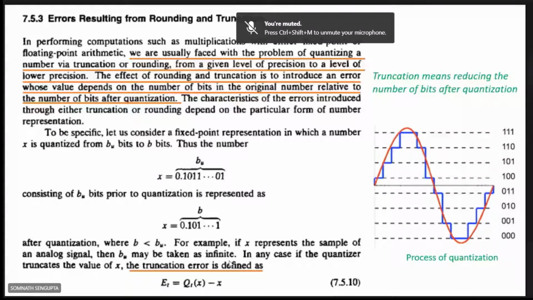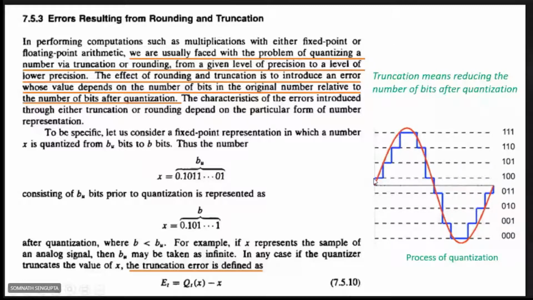Now, suppose you quantize it to say 3 bits. So you have divided the whole range into certain levels, depending on the number of bits. So this is the process of quantization. Here I have written that truncation means reducing the number of bits after quantization.